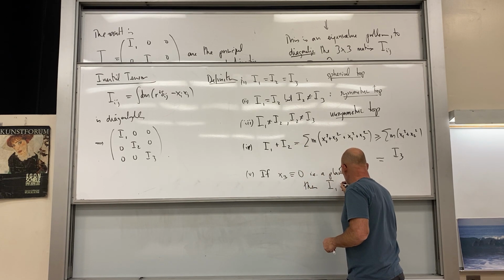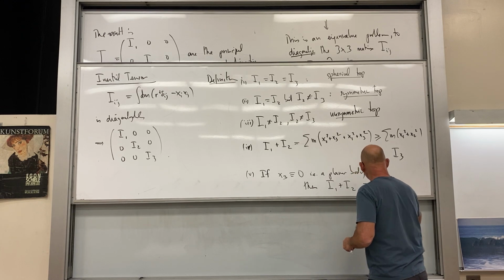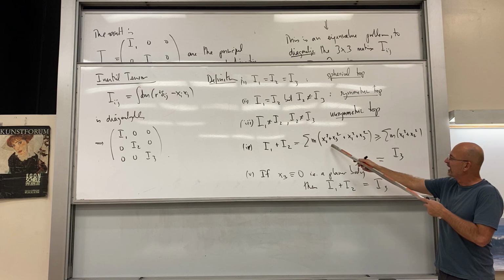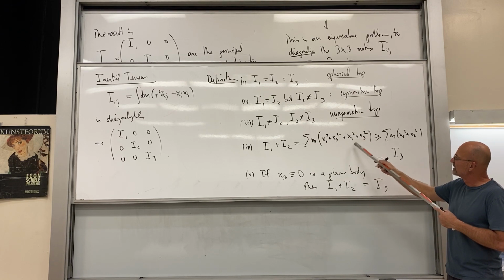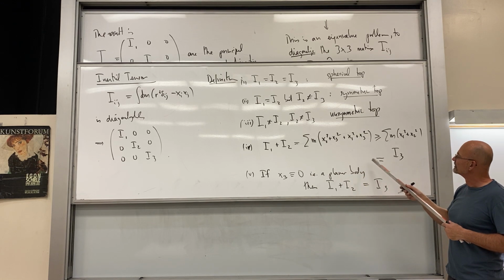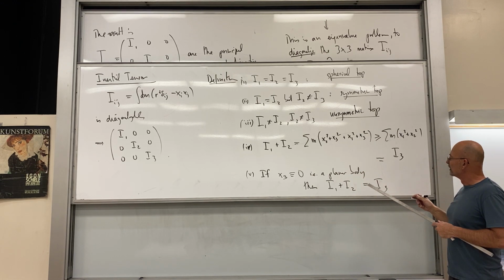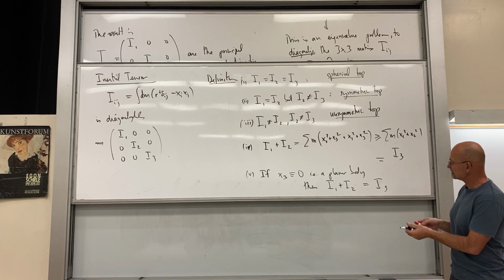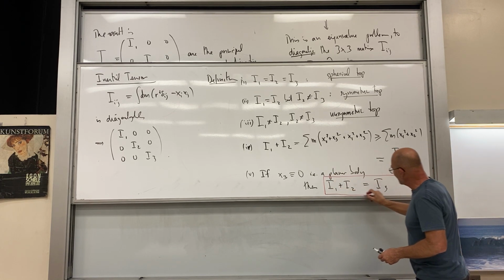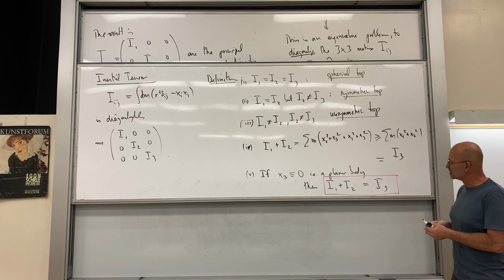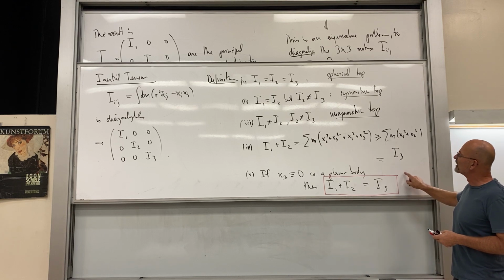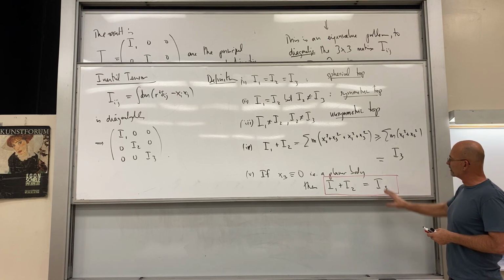We actually have equality. I1 plus I2 is equal to I3, because then the x3s vanish, because it's a planar body, so it's just x1 and x2. So this is kind of nifty because you can get moments of inertia for planar bodies really nicely. So this is an important property.